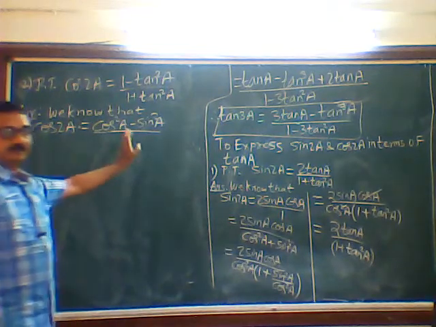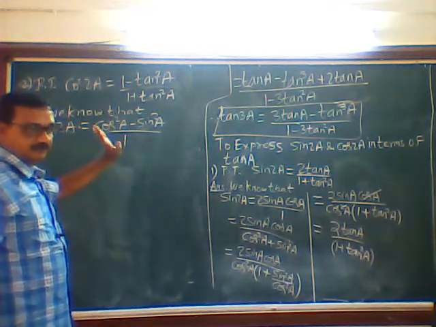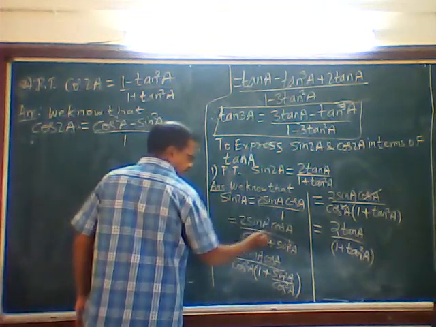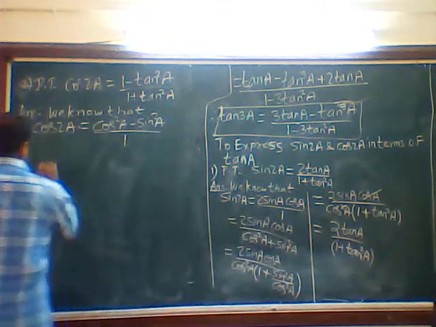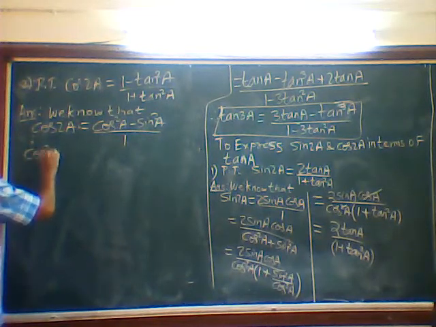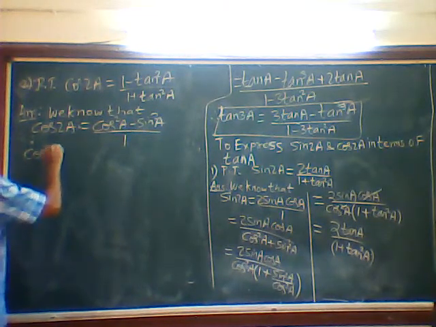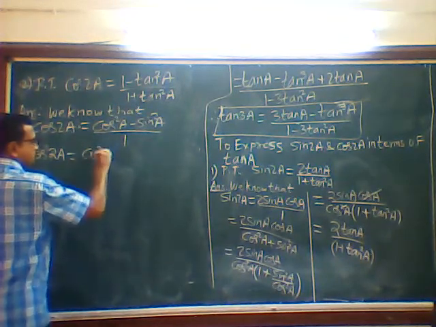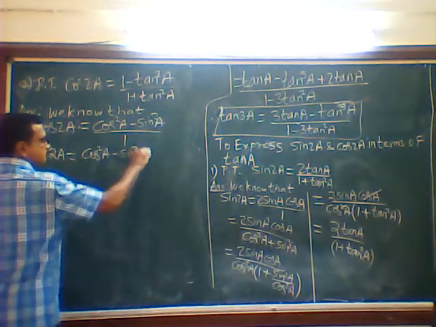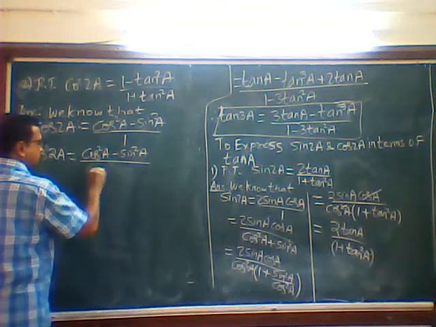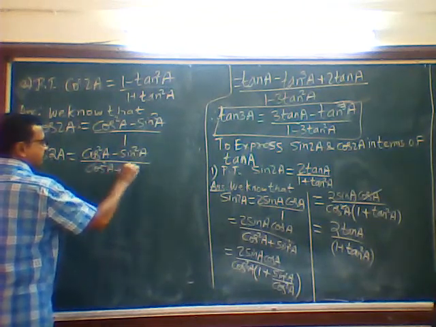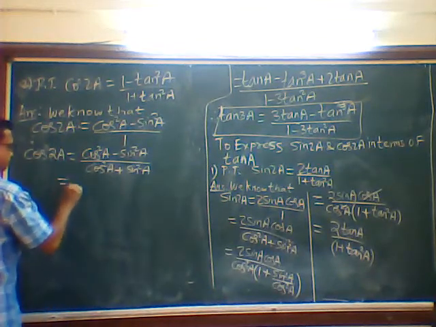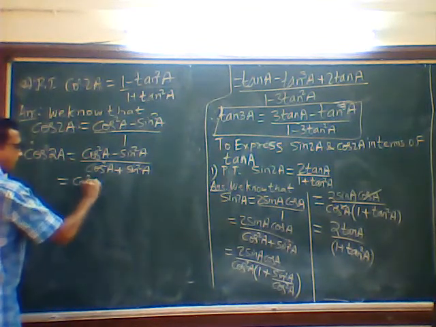Cos square A minus sin square A divided by 1 is cos square A minus sin square A. Next, same like this one, I will write 1 as cos square A plus sin square A. One is what? Cos square A plus sin square A.